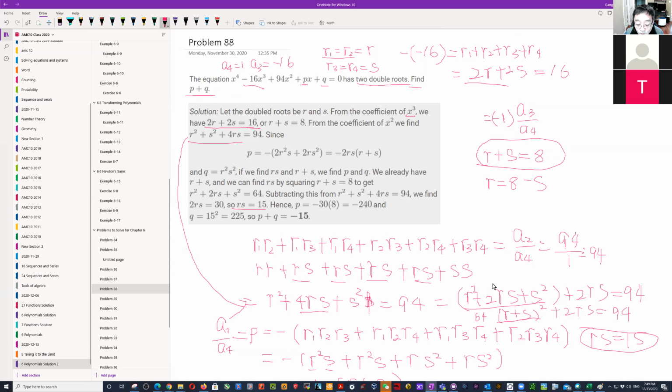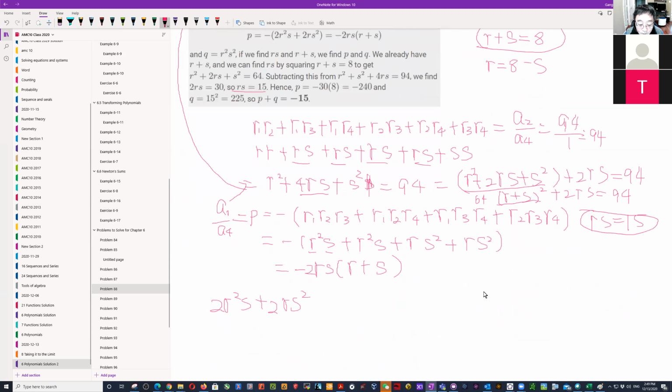So it's possible to calculate the Q. So Q is basically negative 2RS times R plus S. Because it is negative 2RS, I'm going to just put in RS equal to 15, multiply by R plus S equal to 8.